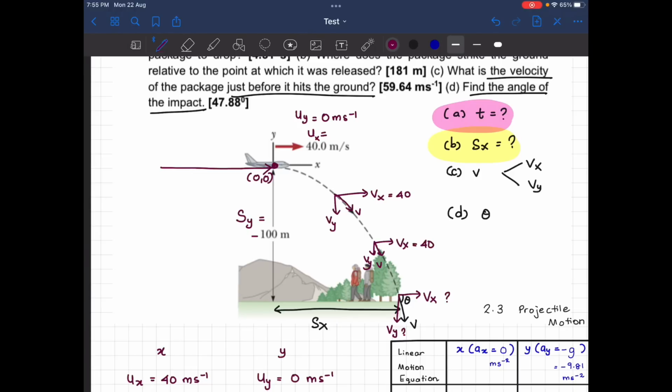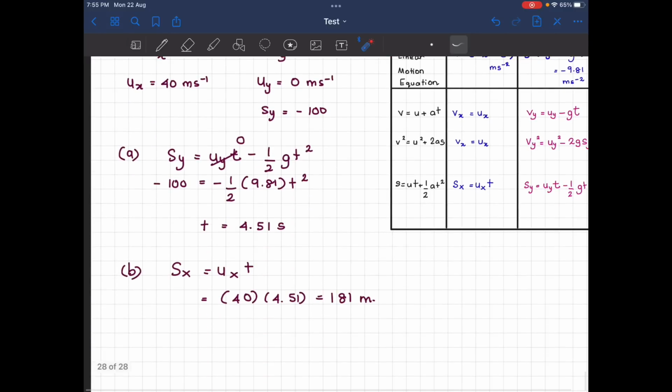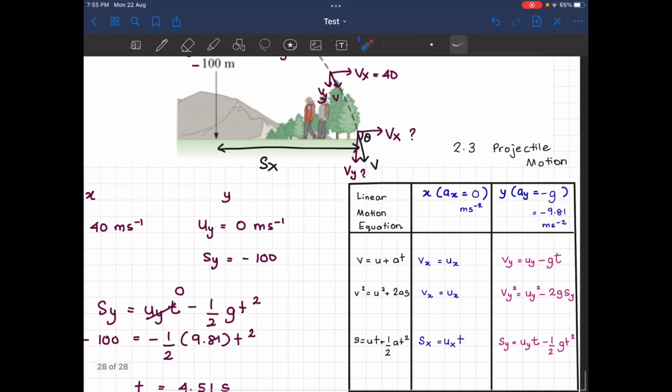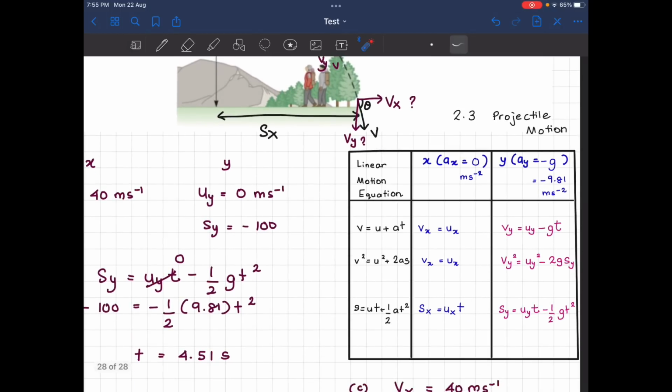So to answer question C, before we find the value of our V, we have to find the value of Vx, which is 40. So we write our Vx is 40 ms negative 1. And then we have to find the value of our Vy. So for Vy, you have to take a look at the y equation formula.